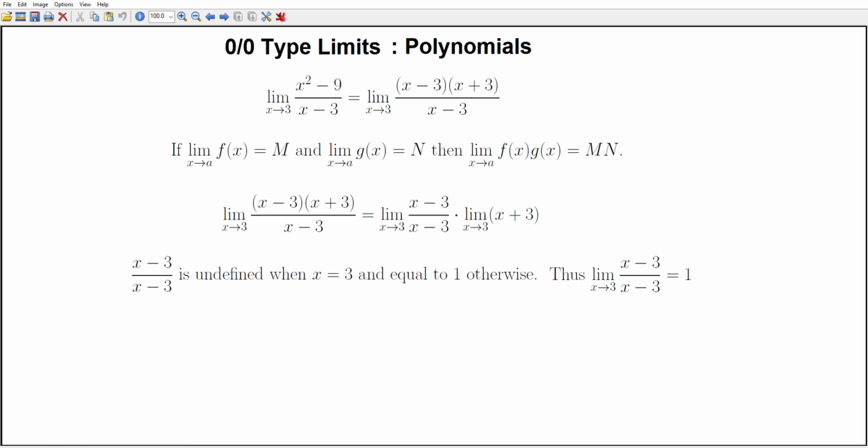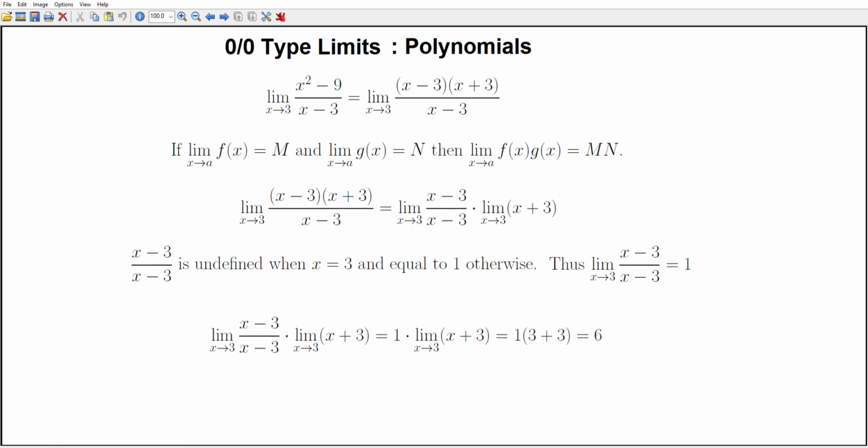That means that we can rewrite this as 1 times the limit as x goes to 3 of x plus 3, and that limit is 3 plus 3 or 6. So the answer is 1 times 6 or 6.